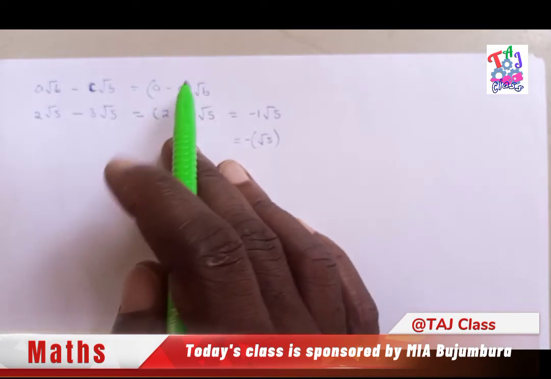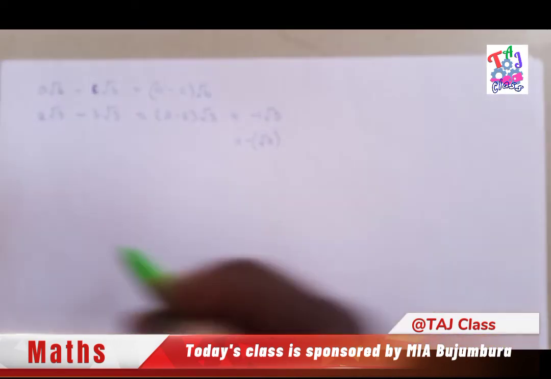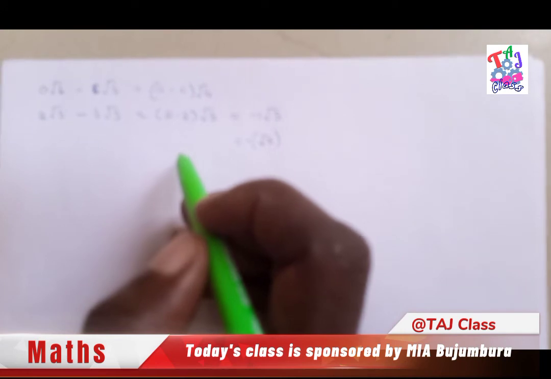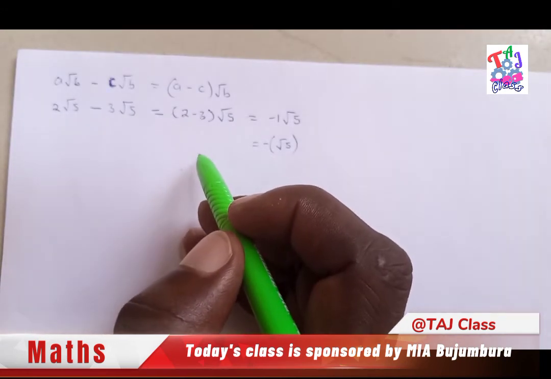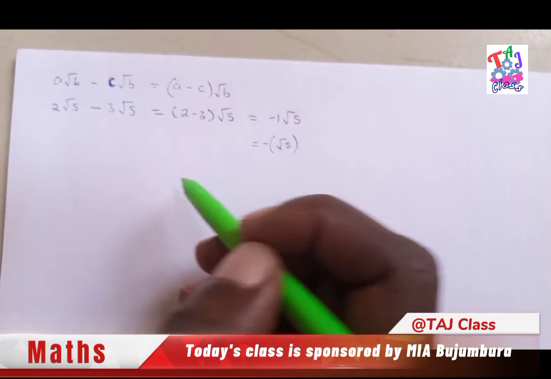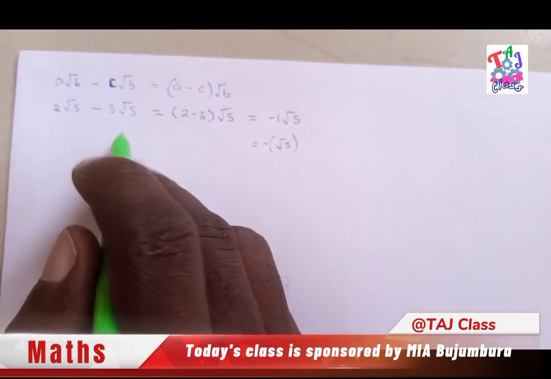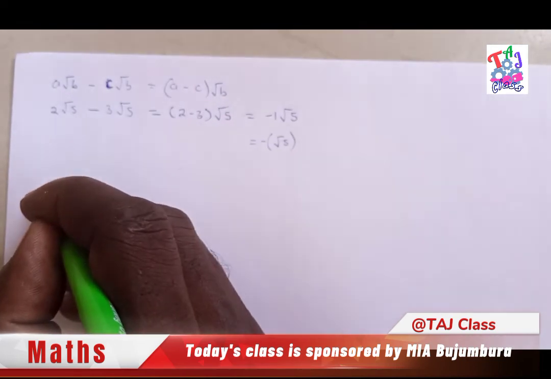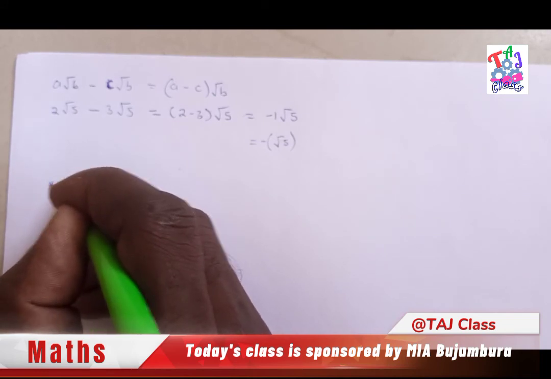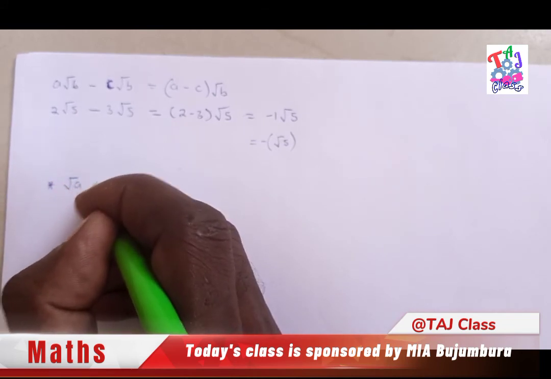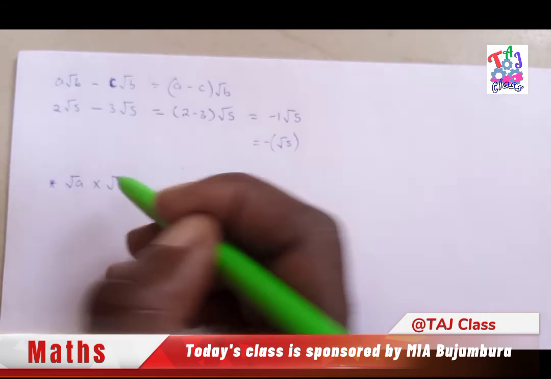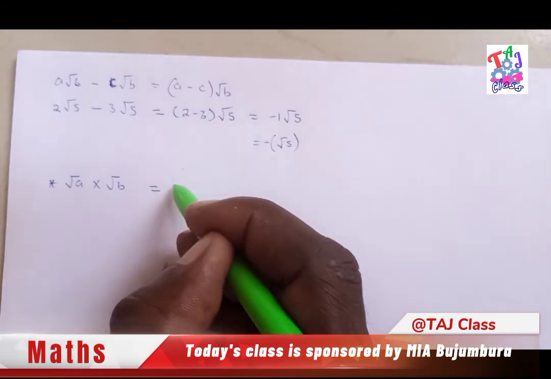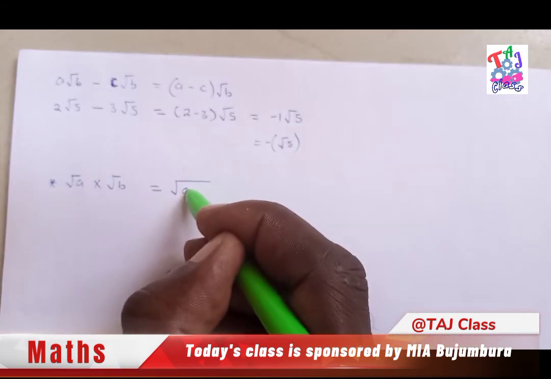Okay, the next thing is how about when you're multiplying? Now the rules under multiplication will be: if a term √A is multiplied with √B, this one is the same as √(A times B).